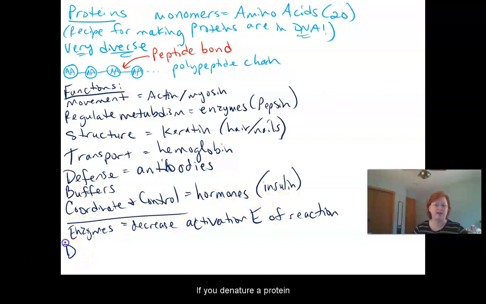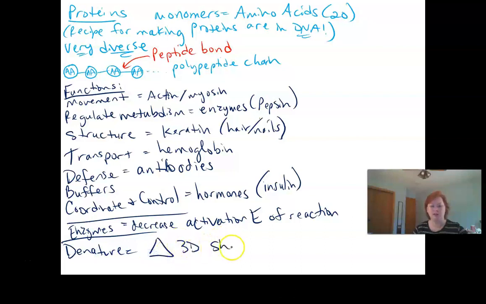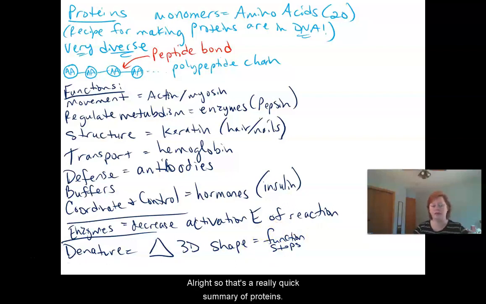If we denature a protein, then we change its three-dimensional shape, and then that means that our function changes or stops. It can't work if it's changed shape. All right, so that's a really quick summary of proteins.